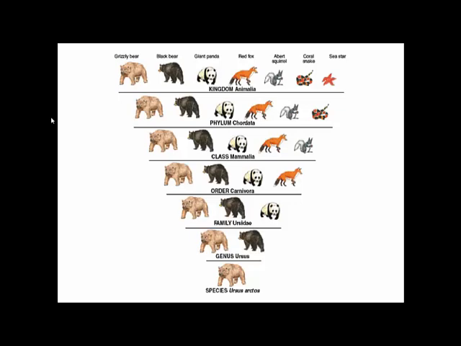If I go down another level to phylum, in the phylum Chordata, that is all the animals with basically a backbone or a spinal cord. So now all of these are in the phylum Chordata. What's been eliminated? Yeah, the starfish, the invertebrates, they're in separate categories.